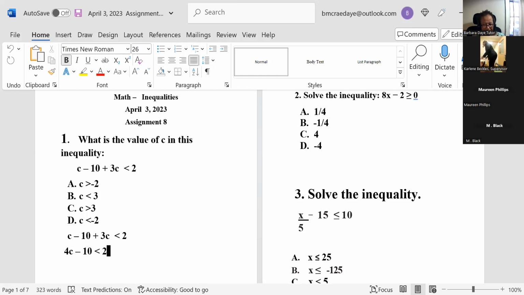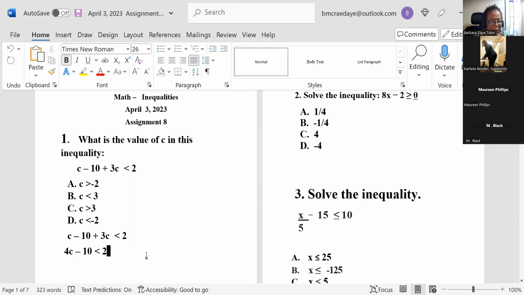Mercedes, you following, right? I'm trying to go step by step so it makes it easier for you to understand. The variables were already on the left side, so you just had to combine the two variables. 1C plus 3C is 1 plus 3, add the coefficients, you get 4C. The minus 10 is still there, and on the right, less than 2.